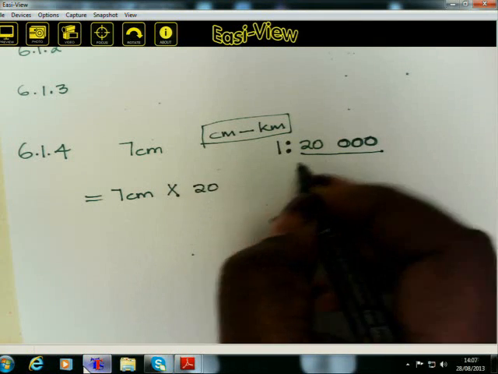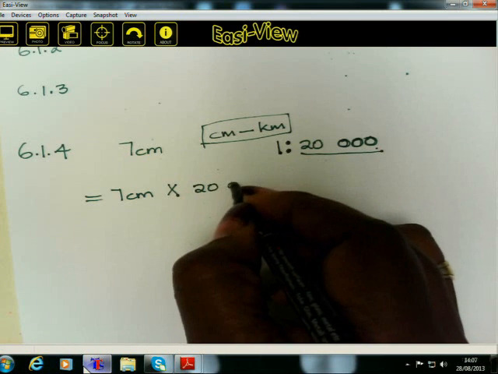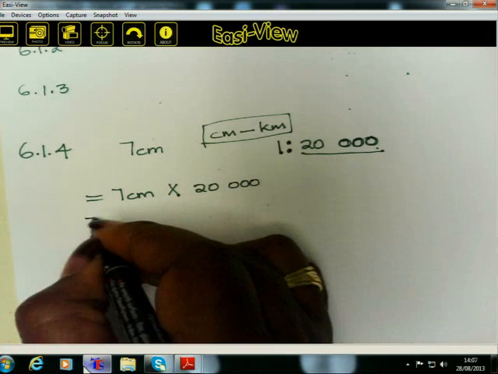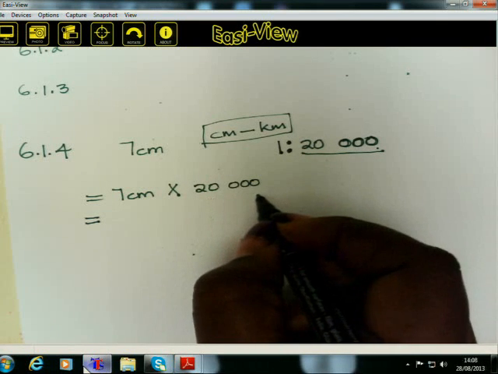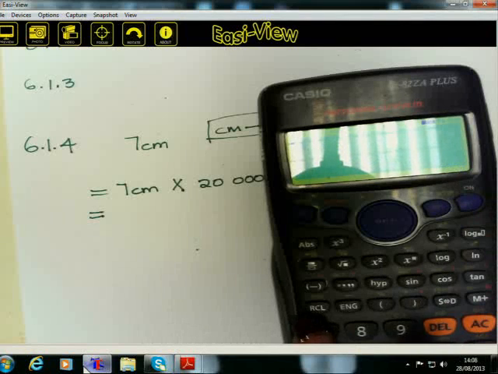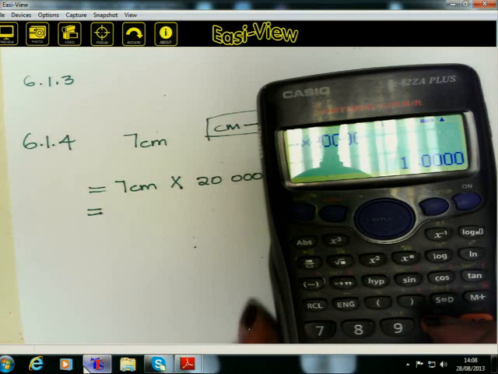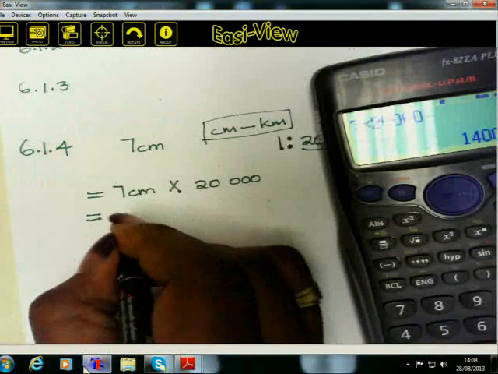Remember I said 1 centimeter on the map represents 20,000 centimeters on the actual ground. So this will give us the exact distance on the ground. We multiply 7 by 20,000, and we get an answer of 140,000.